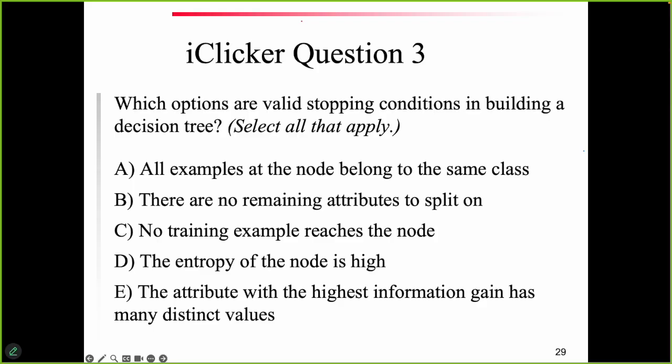Can we use the attribute more than once in the decision tree? So not usually. It doesn't make sense, right? When you split on an attribute, you're already partitioning your data based on that attribute. For example, if you are splitting on Outlook, then you're partitioning your data into 3 subsets: one subset Outlook sunny, one Outlook overcast, and one Outlook rainy.